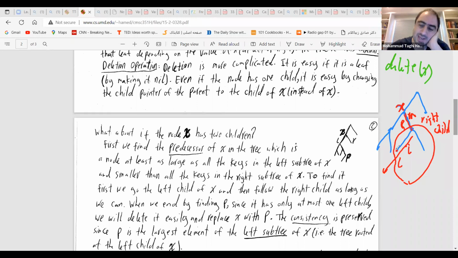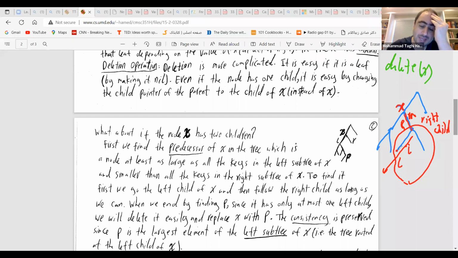You can see that the leaf guy here, when you go left all the way, is essentially the least element in the whole subtree. And we know that this least element is greater than X or greater than or equal to X. So that's actually a good appropriate guy to replace X.